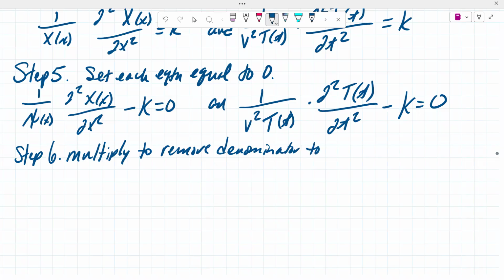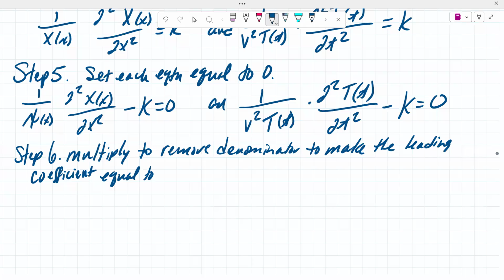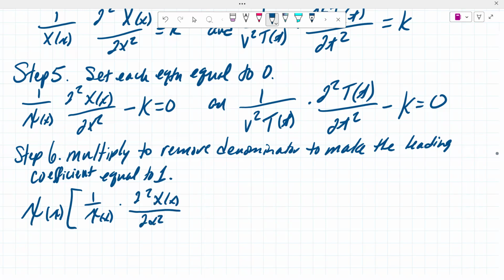To make the leading coefficient equal to 1, we need to multiply by X(x) times the whole thing: 1 over X(x) times d squared X(x) over dx squared minus k equals 0.